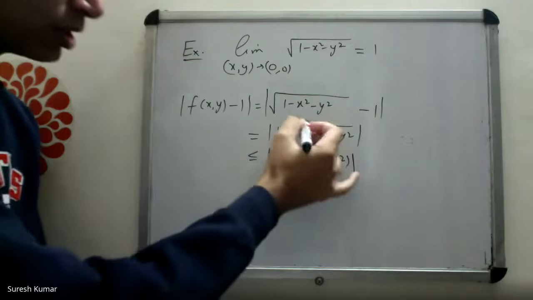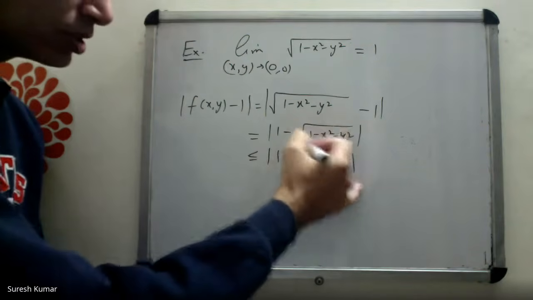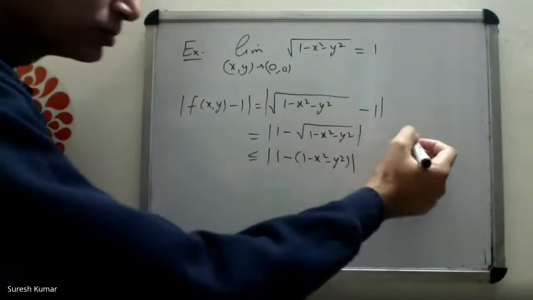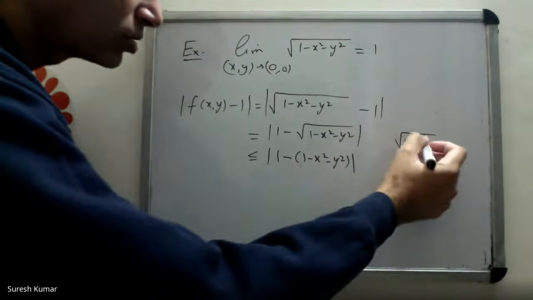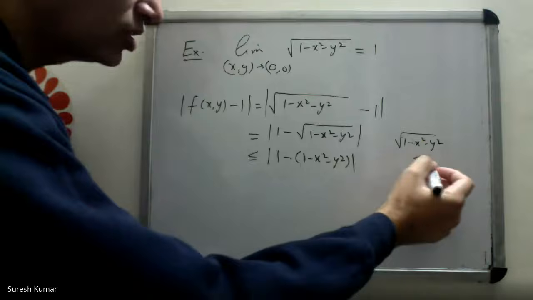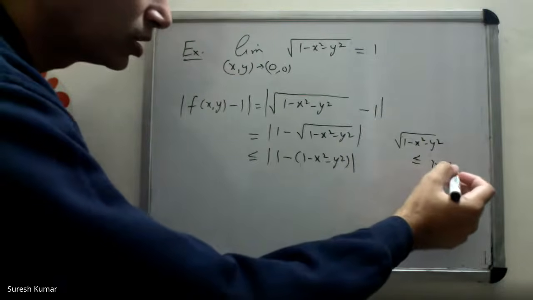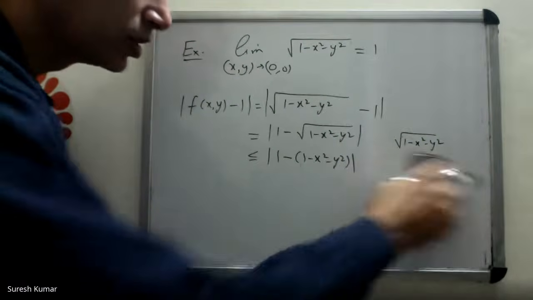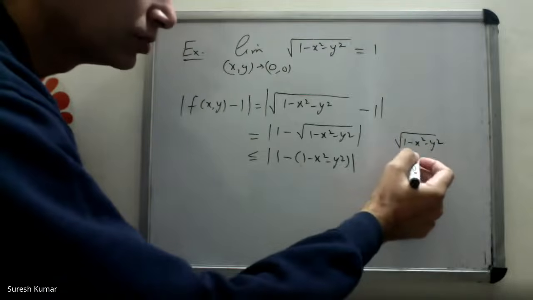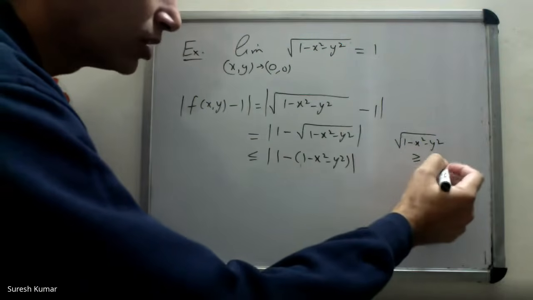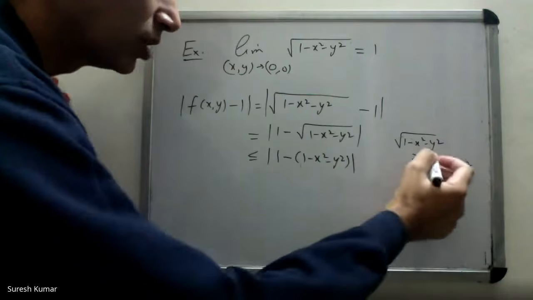Why? The function square root of 1 minus x square minus y square is greater than or equal to 1 minus x square minus y square. Am I right?